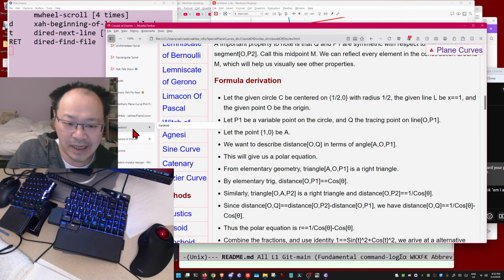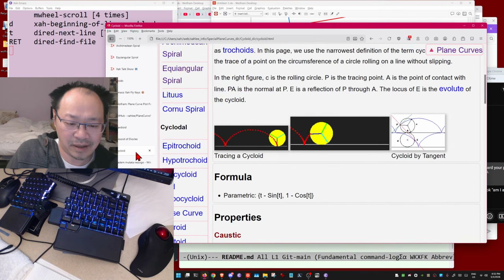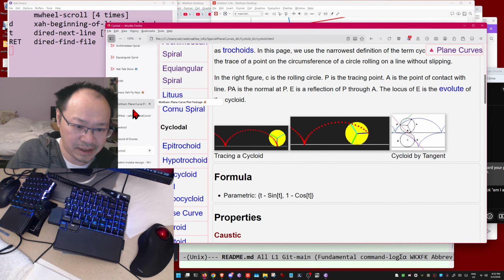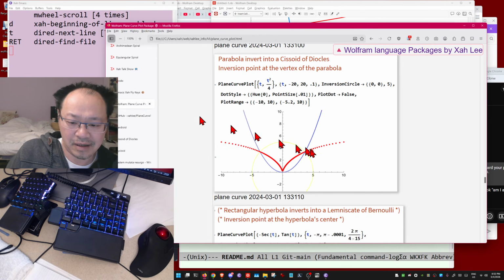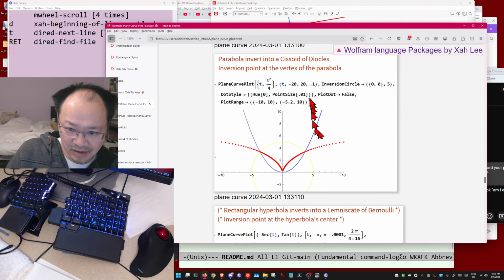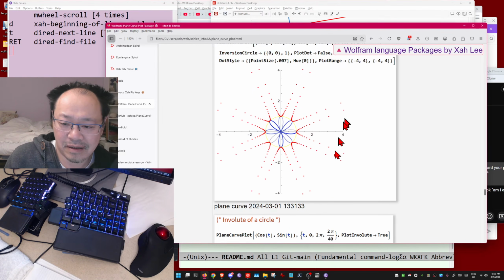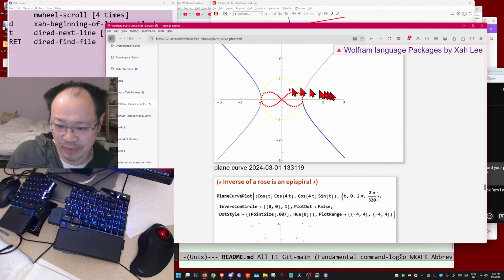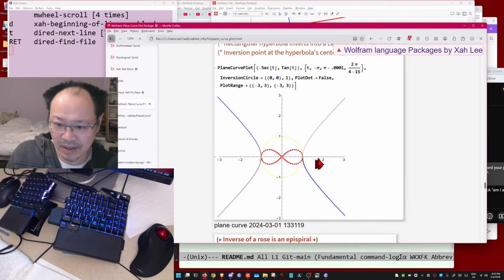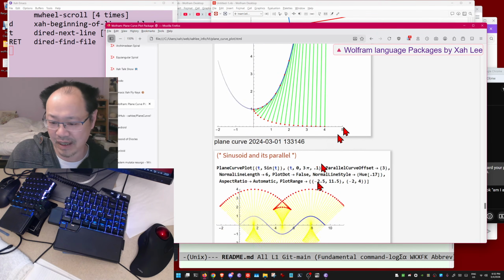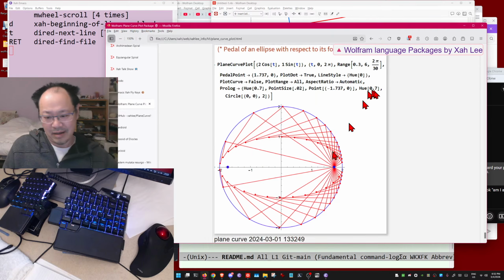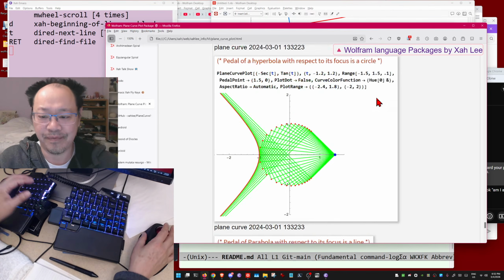And what we are talking about is that the inversion of a parabola at the vertex of the parabola is a cissoid of Diocles. Very interesting. And inversion has lots of other properties. Inversion of a hyperbola, lots of them. I'm not going to go over them.